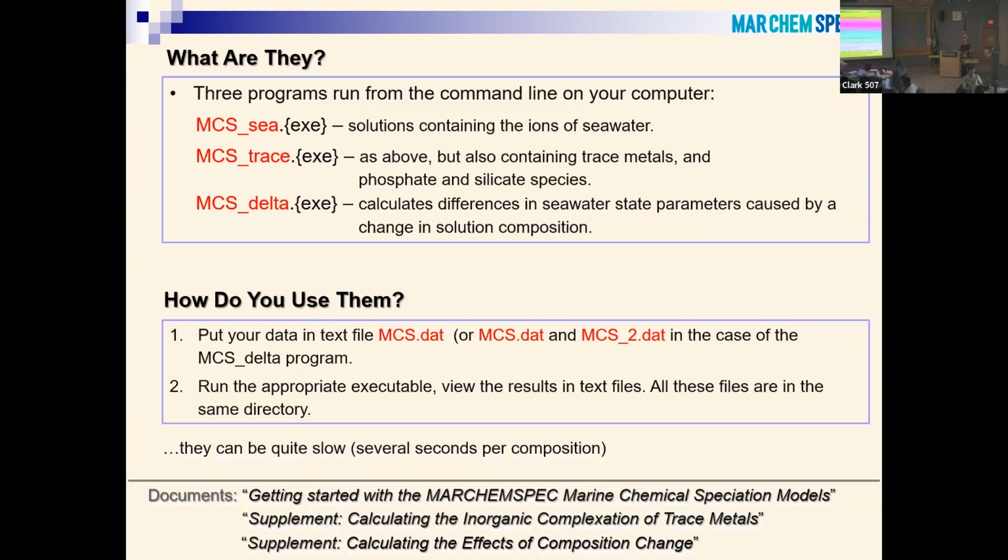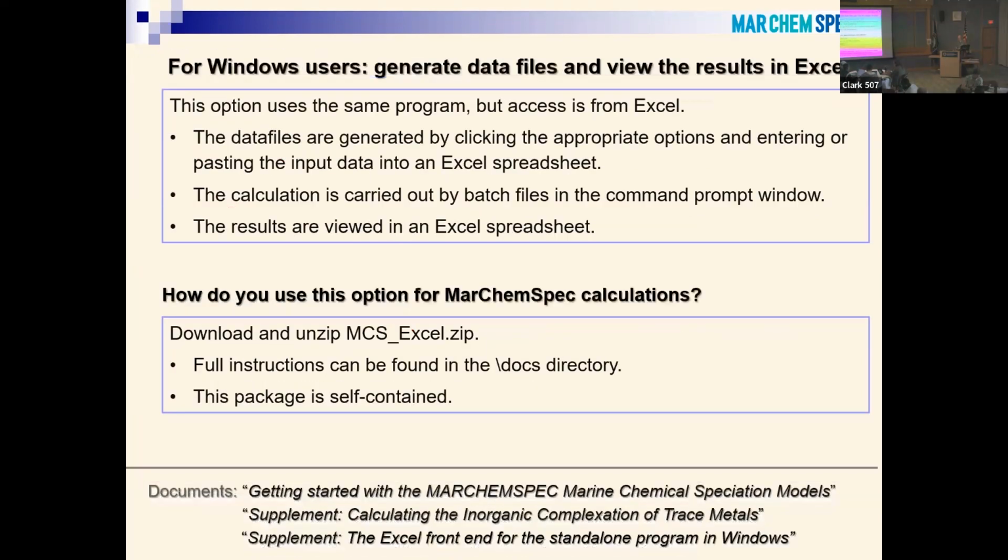The calculations can be quite slow, several seconds per composition, mainly due to the uncertainty calculations, which take time. Currently for Windows users only, we also have a simple Excel spreadsheet way of creating the data files.